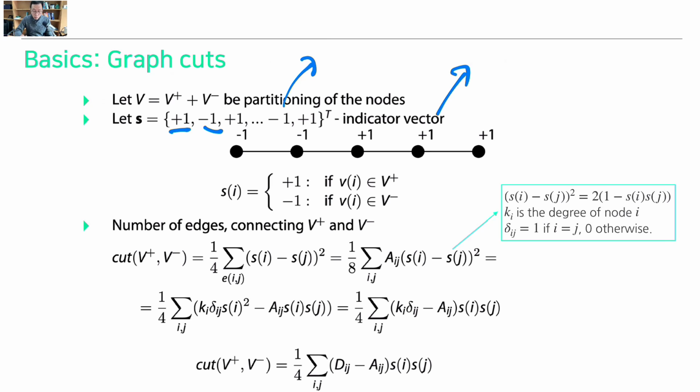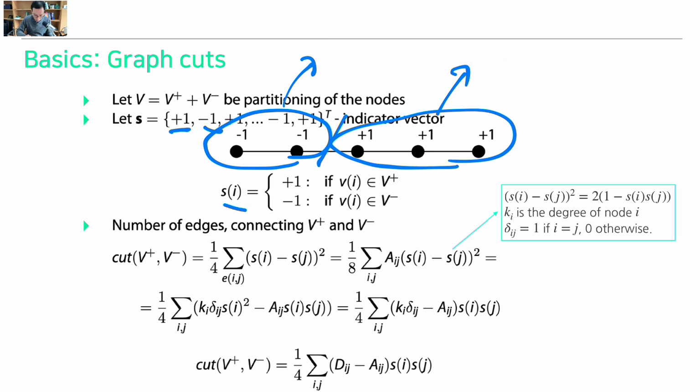Our goal is to find this indicator vector. When we are able to find the indicator vector, we can get the partition. The indicator vector is like an identifier. By looking at just the integer, we identify the two partitions, by looking at the -1 and +1 nodes.